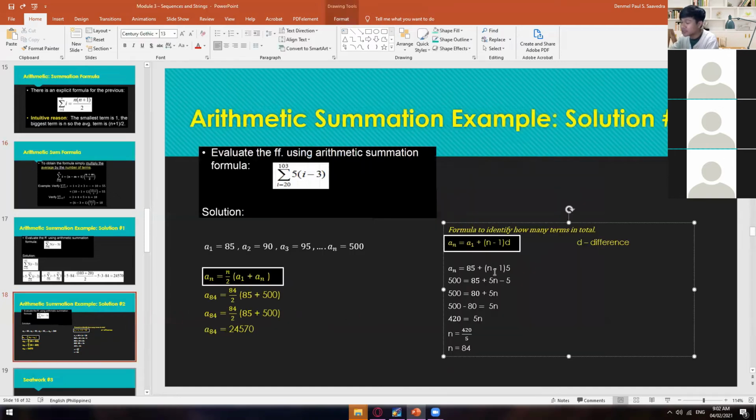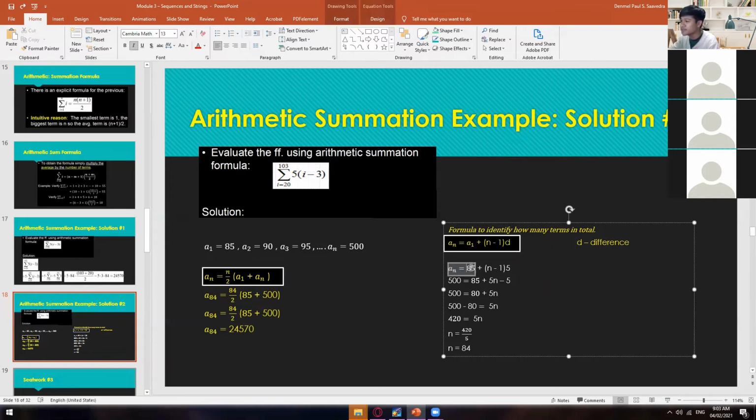Anyway, since it's already here, we will use this formula to identify the total terms. d here is the difference, a sub n is the maximum number, a sub 1 is the first term, and n is the total number of terms. So just copy as it is and substitute the corresponding values.